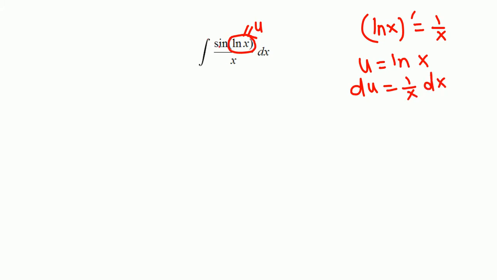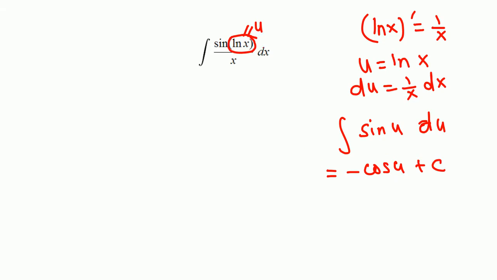So for sine u, the remaining 1 over x dx becomes du. The whole integral is basically the integral of sine u du. And we know the antiderivative of sine u is negative cosine u plus c, and our u is in fact natural log of x.